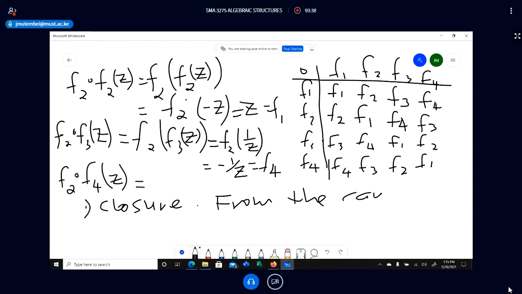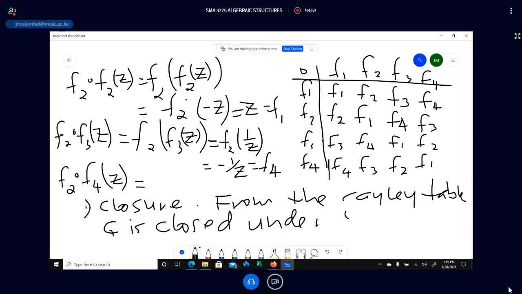From that Cayley table, G is closed under the composite map. G is closed under that binary operation of the composite map. So the first property is satisfied.